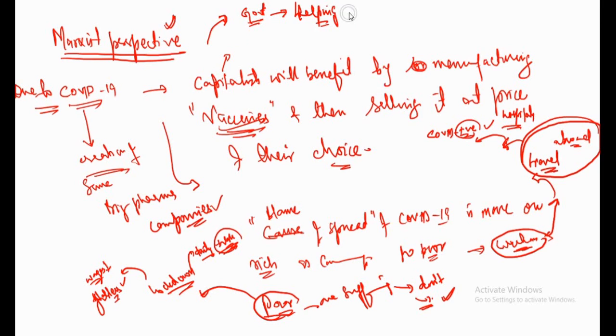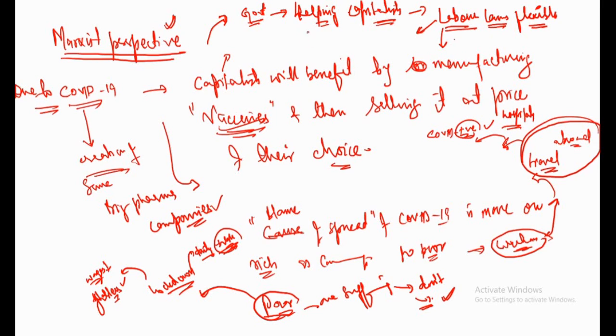The government is helping the capitalists, the rich people who are the owners of the factories. How? In a number of states they made labor laws flexible. That policy was against laborers, because they could be fired easily once the labor laws were made flexible.